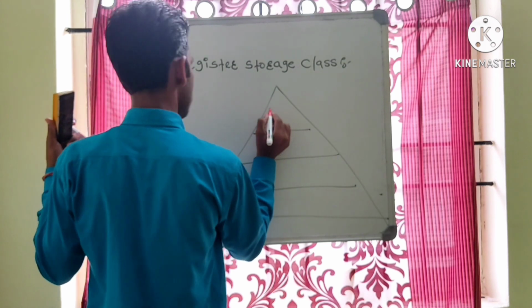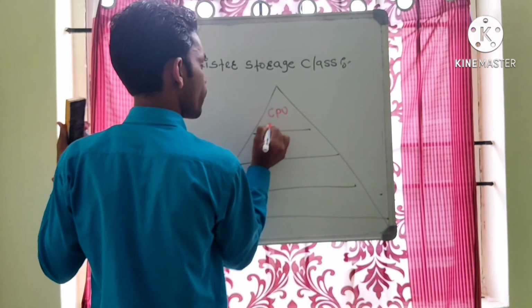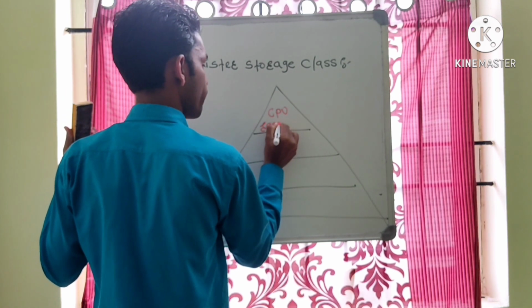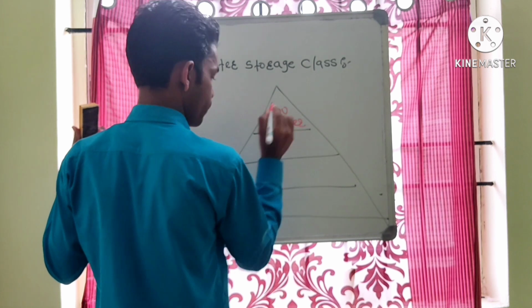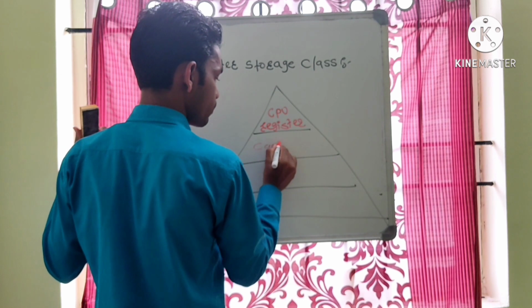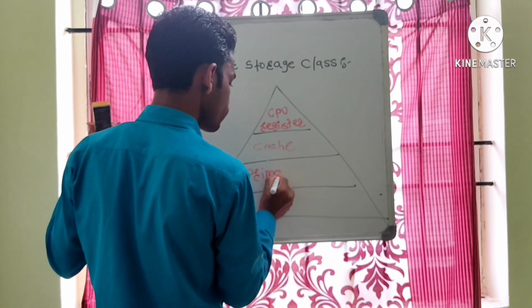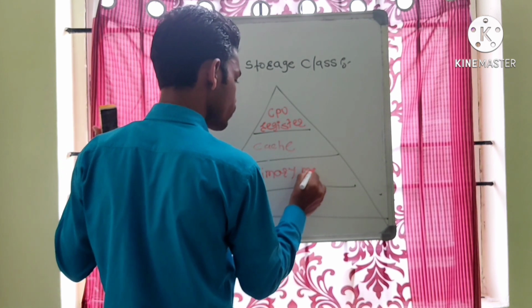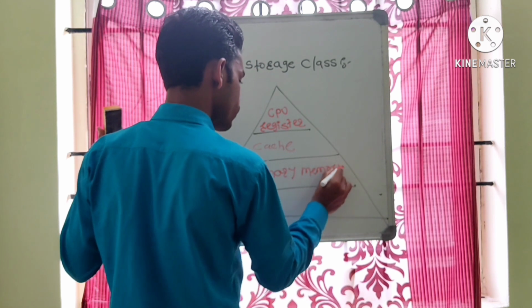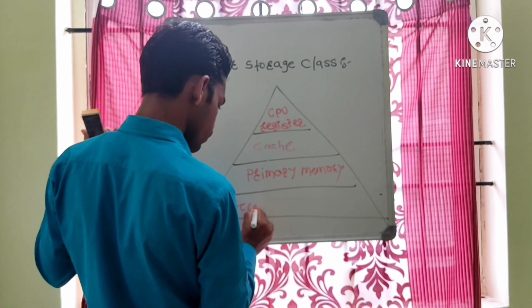This is our CPU register. This is the cache memory. This is the primary memory. This is the secondary memory.